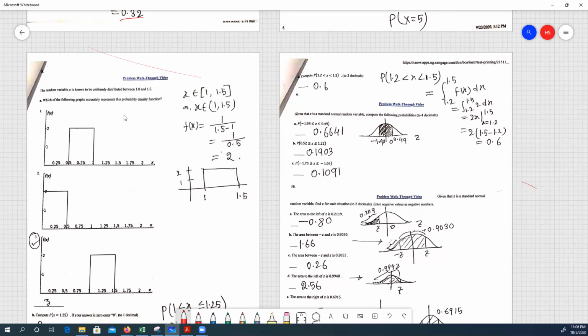That means x can take any values between two numbers. So for example, if x is continuous and x belongs to 0 to 2, that means x can take any values between 0 and 2. So x could be 0.1, x could be 0.2, x could be 1, x could be less than 2. So x could be 1.2, x could be 1.9.